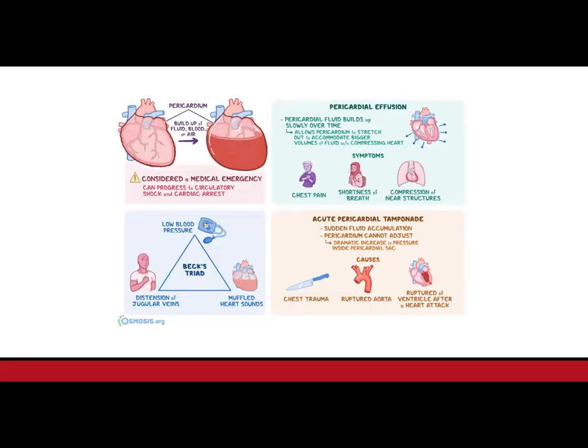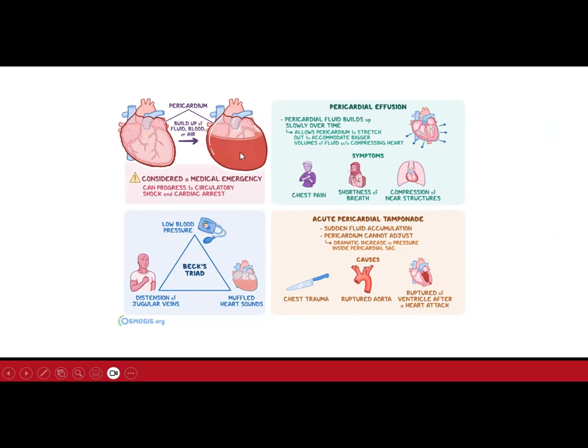I brought this picture up again because I think it's helpful because it shows different types of pericardial effusion versus pericardium versus Beck's triad versus acute pericardial tamponade. So with tamponade, that's the buildup of fluid or air. It's considered a medical emergency, can progress to circulatory shock and cardiac arrest.